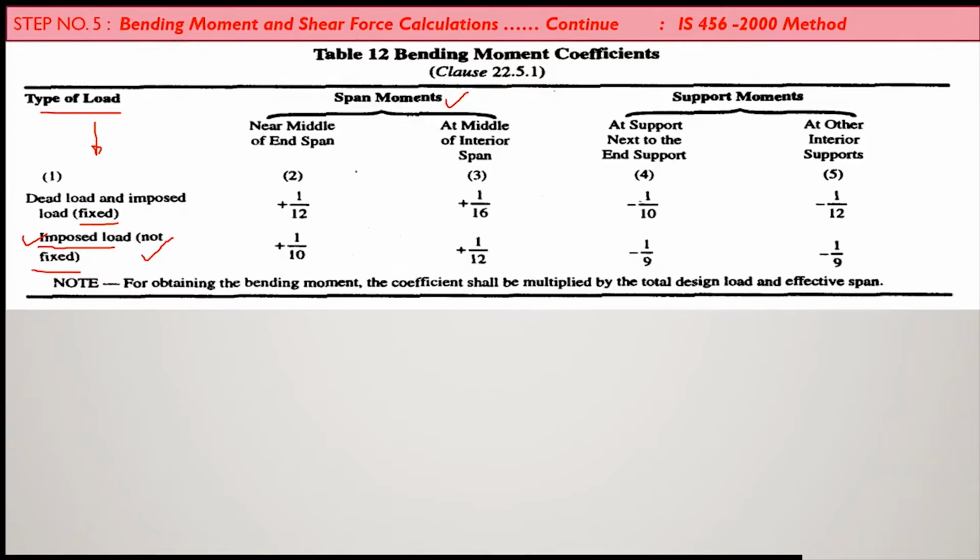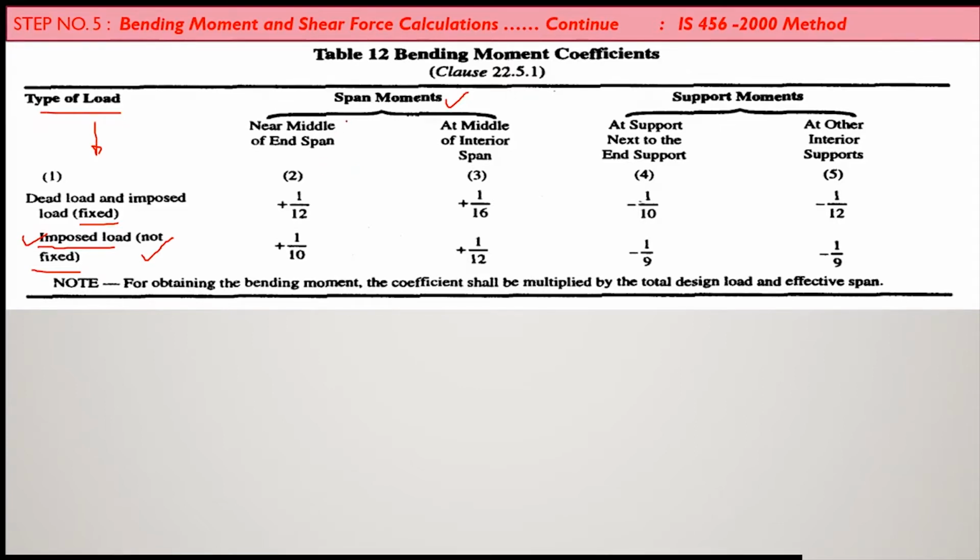We will divide the continuous beam into end spans, which are linked to the farthest end supports, and then other spans are known as interior spans or intermediate spans. So if there is a 4 span continuous beam, then there will be 2 end spans and 2 intermediate spans.